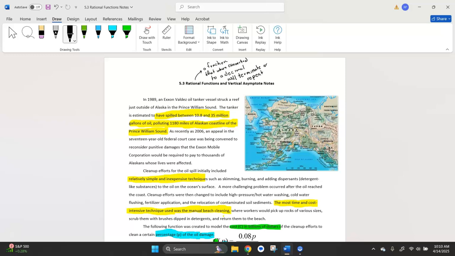The most famous irrational number would be pi, because pi does not ever end, nor does it ever repeat itself. So pi is an irrational number. E is an irrational number. The square root of 2 is also an irrational number, but pi and e are the most famous irrational numbers.